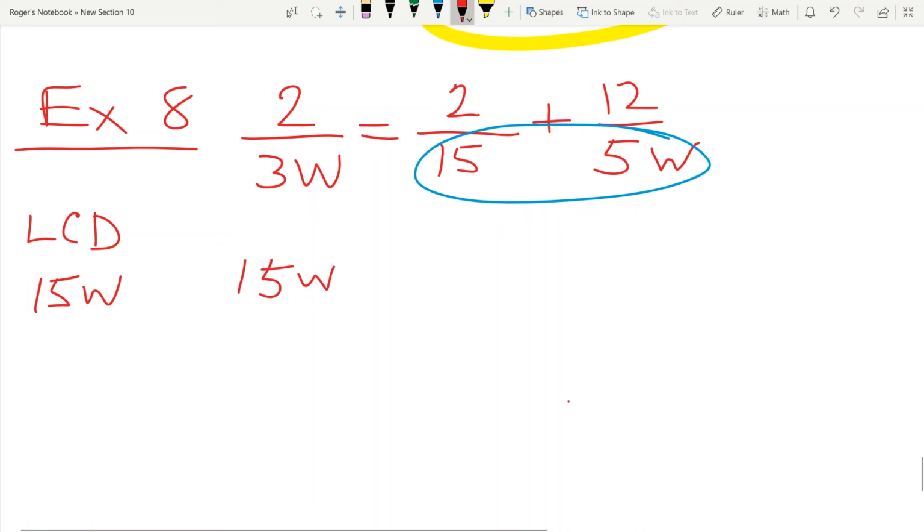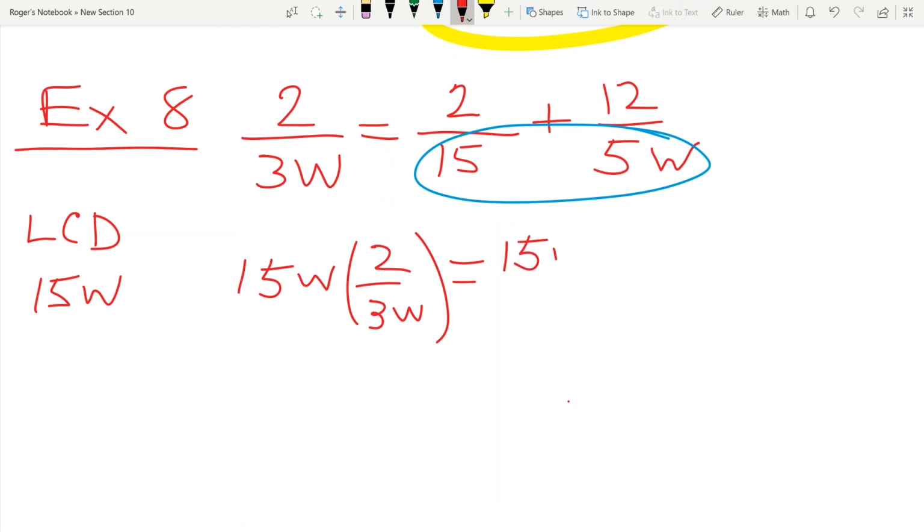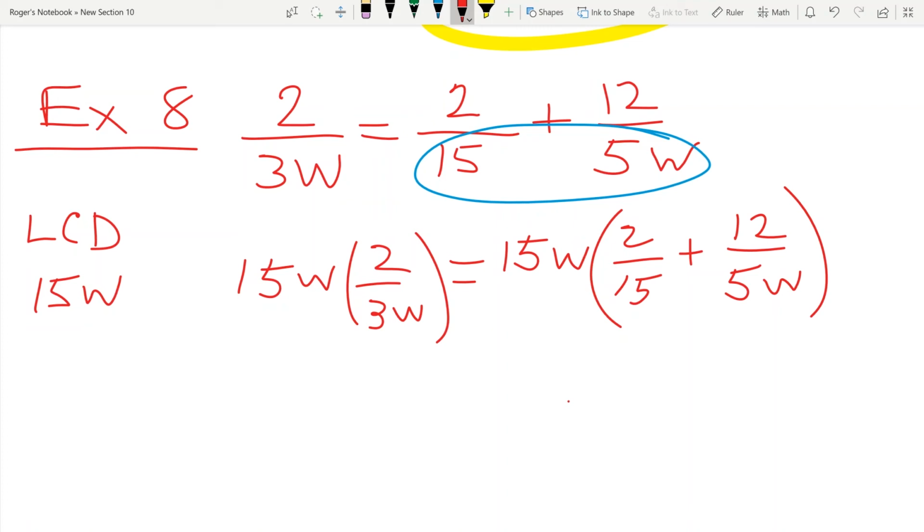15W times 2 over 3W equals 15W times the whole thing here, 2 over 15 plus 12 over 5W, like this. Now, why am I doing this? Because it allows the fractions to cancel out.